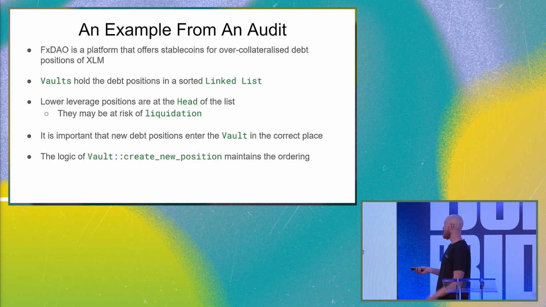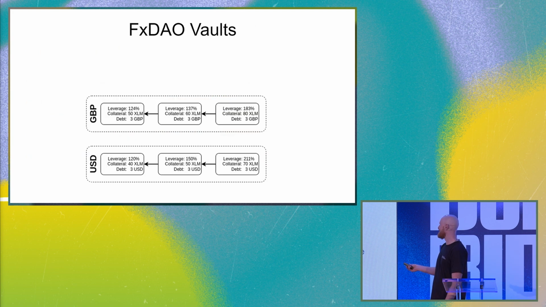It's important that when you create a new position into this vault, it goes into the right spot. And so vault create new position does maintain the ordering. Or does it? If it did, it wouldn't be a very exciting talk. Here's a diagram that I made to represent it. This is a linked list of vaults, and at the top there's how much leverage.